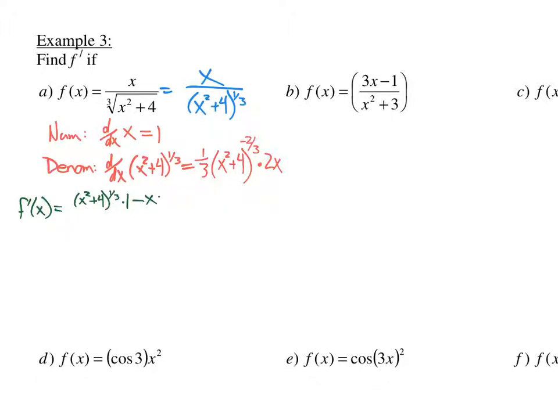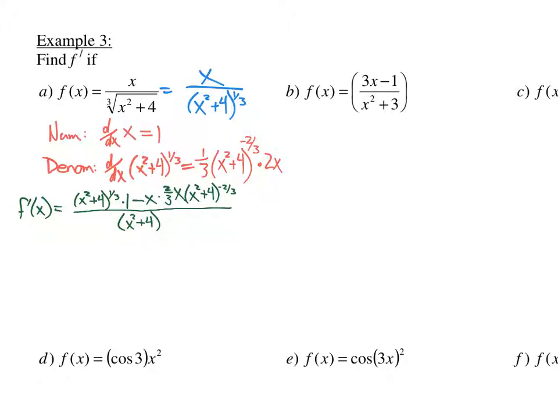Well, the derivative of the bottom, if I simplify that a little bit, is 2/3 x times x squared plus 4 to the negative 2/3. And that whole thing is over the bottom squared. So x squared plus 4 to the 1/3 squared. What is it when I have it to the 1/3 power and then I square it?